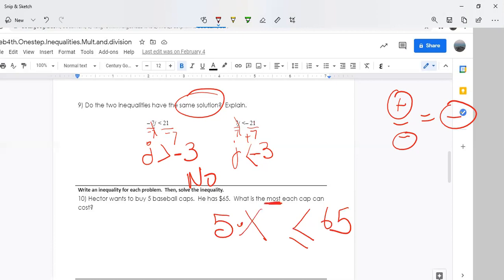What's the most expensive cap he could buy? All right, we just have to divide both sides by 5. And then we have x less than or equal to, what is that, 13? Yeah, it is 13. So the maximum each baseball cap can cost is $13 because 5 times 13 gives you 65. Okay.